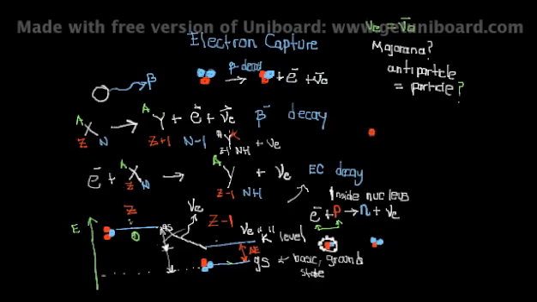Here we have two protons and one neutron, and here we have the electronic cloud that the atom has.